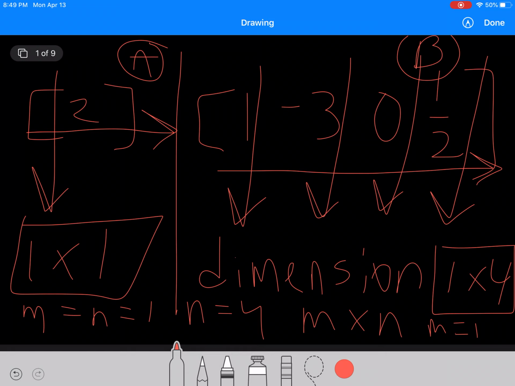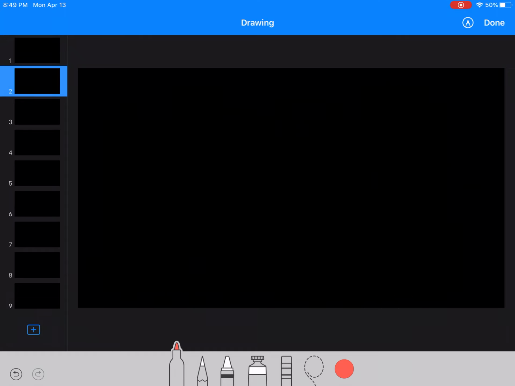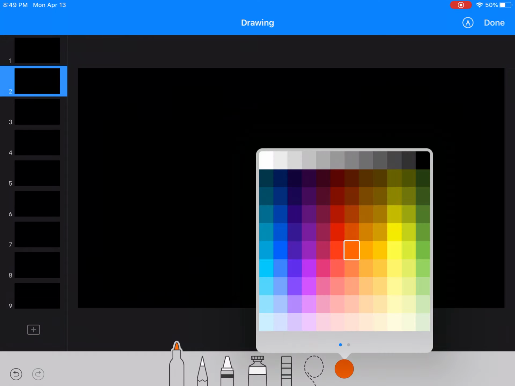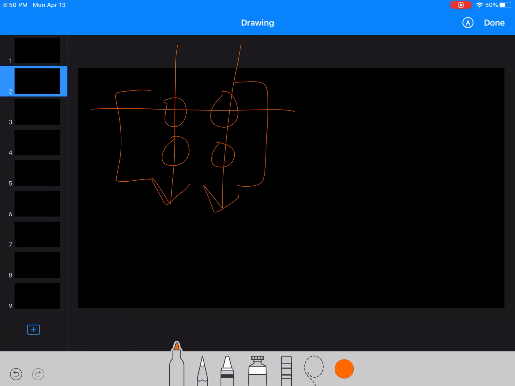Let's look at this next matrix here. So let's say we have this matrix here, which is 0. It's actually a 0 matrix, all zeros. So if we look here, there's 2 columns and there's 2 rows.